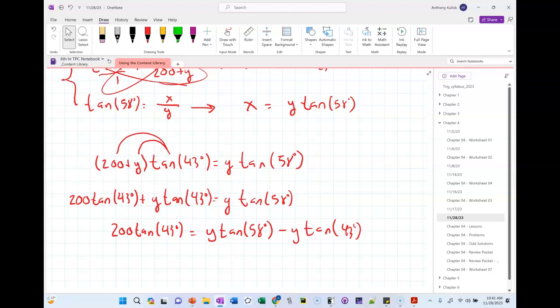Now that the y's are on the same side of my equation, if I look at the right-hand side, there's a greatest common factor of y, because each term on the right-hand side contains a y. Everybody see that? So I'll factor out that greatest common factor of y.